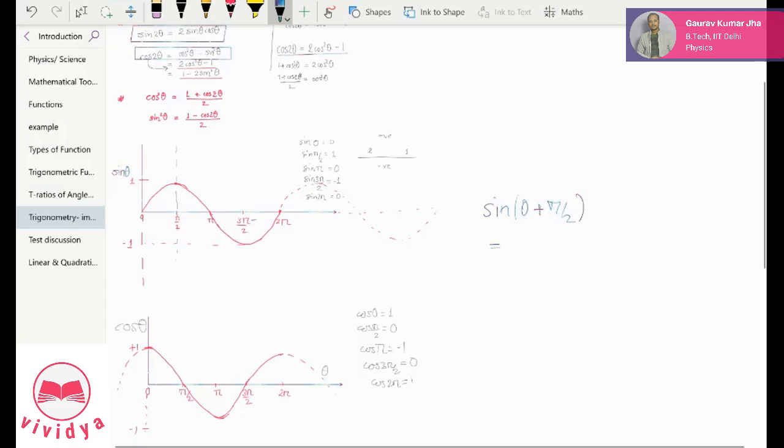What is the value of sine theta plus pi by 2? Guys, come on. Identity. Exactly. Cos theta.